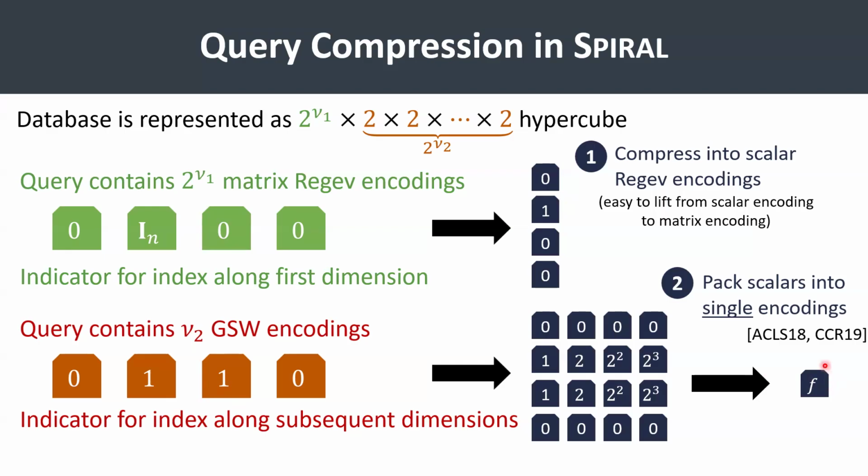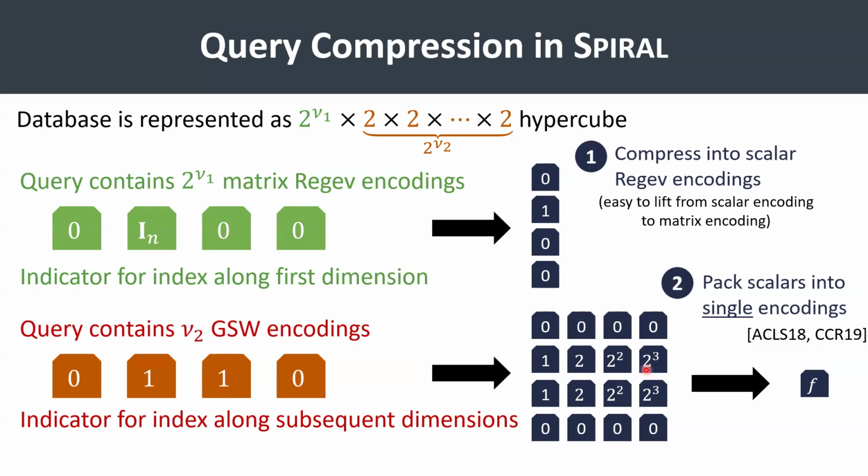So this is the technique by Angel et al., further improved by Chen et al., where basically they show that if I'm encrypting many different scalars, so here I'm just encrypting many 0, 1 values, or 1 times powers of 2, I can actually pack many different scalars into the coefficients of a polynomial, and then just encrypt the entire polynomial at once, right?